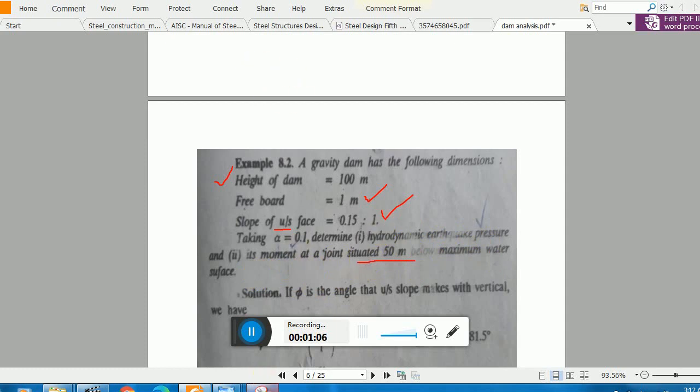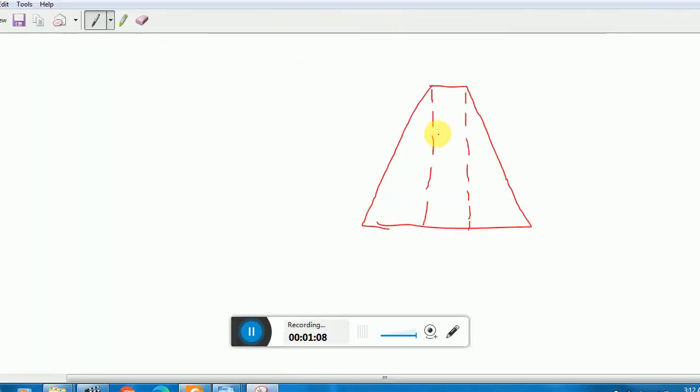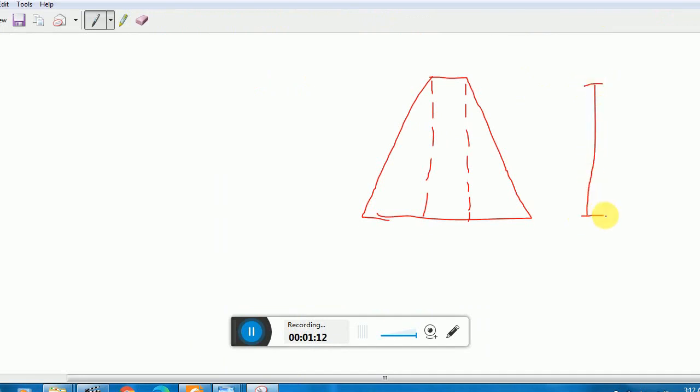So I draw the figure here. I have a height of around 100 meter, which is given. Now remember, the water level is 1 meter from the top, which is called the freeboard. Remember, this is water, this is 1 meter.